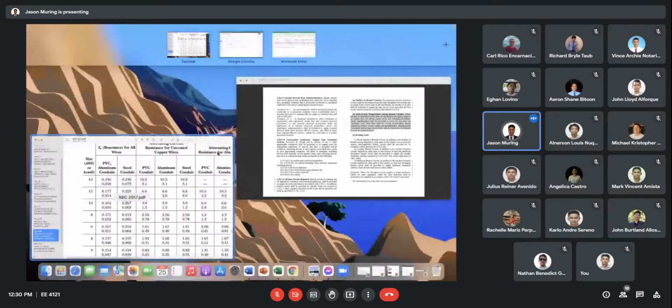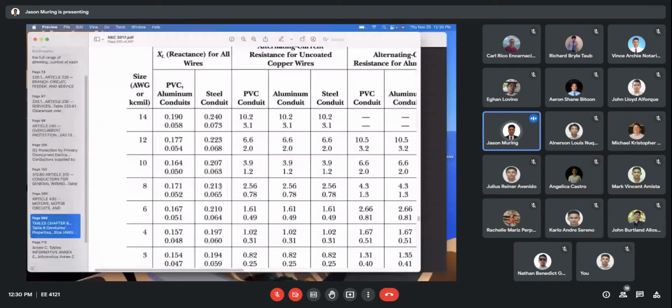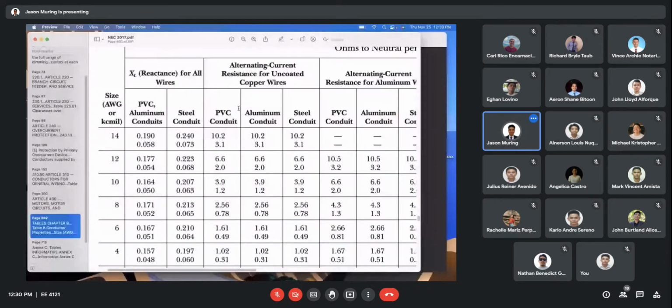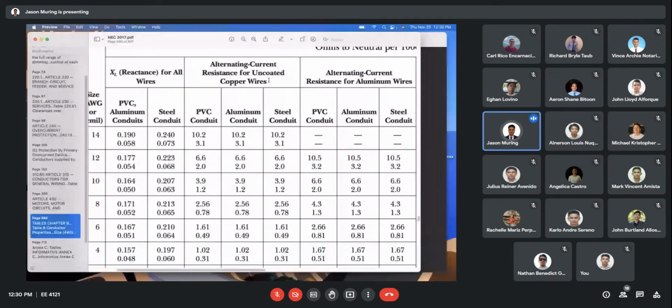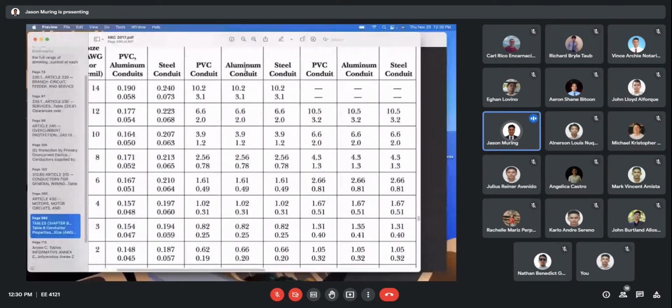Okay, so number four, that's correct. Then for your resistance, you have to look at this value: alternating current resistance for uncoated copper wires. Since the conduit is PVC, I have to look at this PVC column.